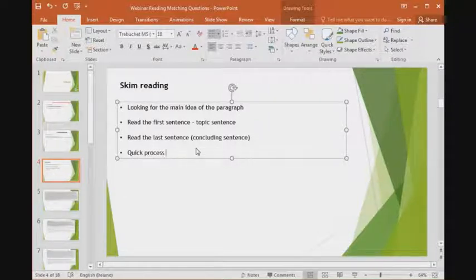So when you're preparing and when you're doing your self-study practice at home, put a timer on and see how quickly you can skim. And then next time when you practice again, see if you can make it quicker. Yeah, if you're new to IELTS and you're new to reading and this type of skimming, don't worry too much about the time just yet.